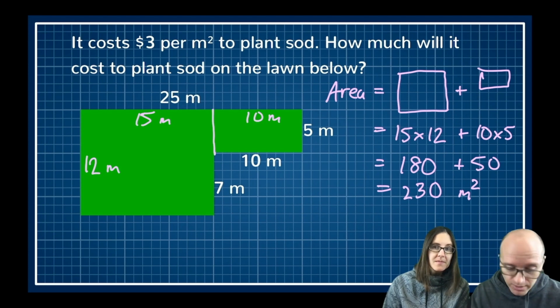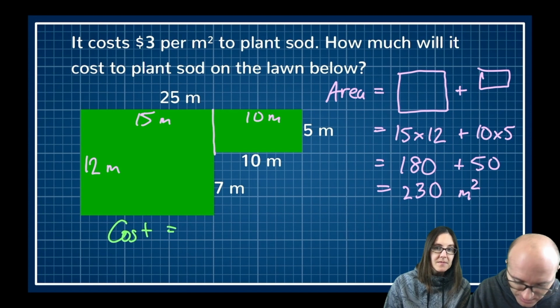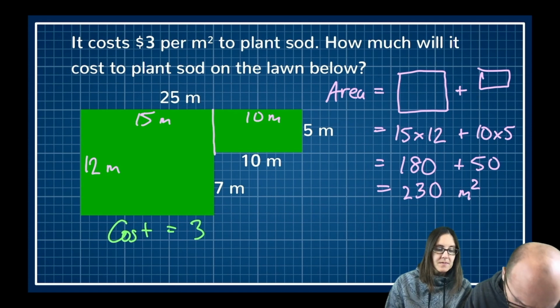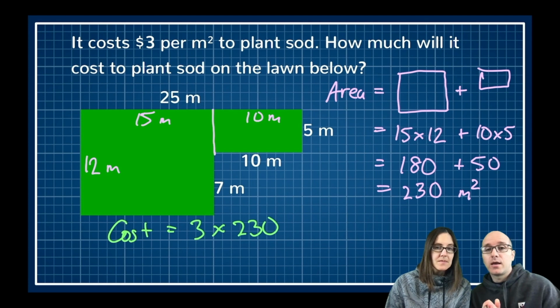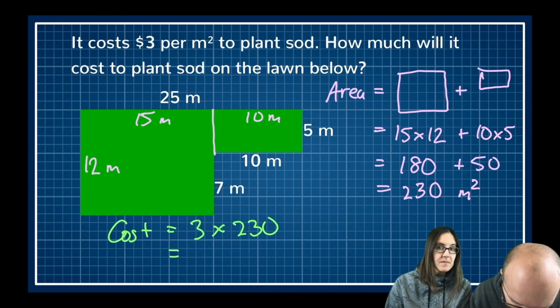So the total cost then is 3 times the 230. Okay, so 3 times 230, and this one, which is fortunate, just works out so nicely. We're going to get 690.